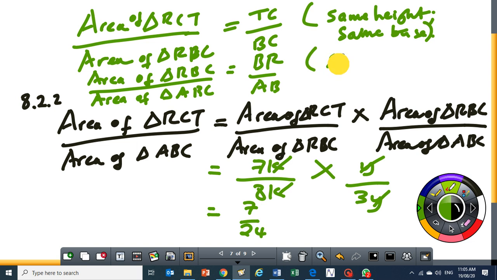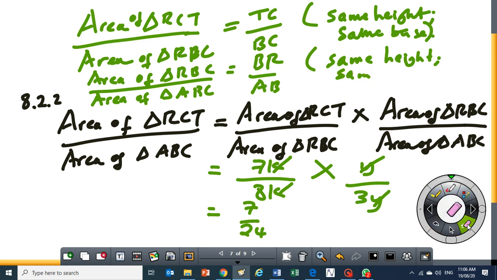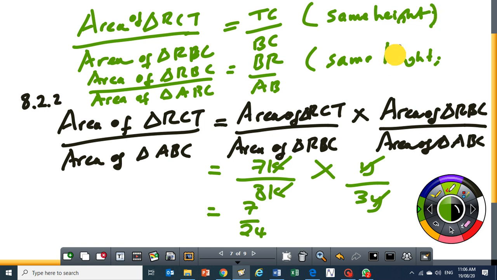And your reason, same height. Sorry, this is not supposed to be there. It's only same height. Only because of the same height. They don't share the same base. Their base is not the same. So we just write same height or common height. Okay. So you can start from there.